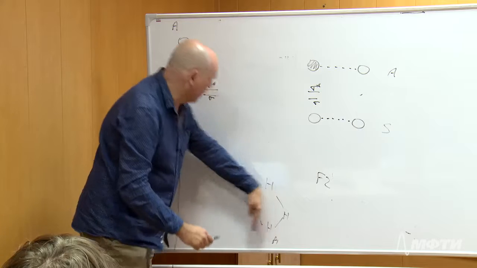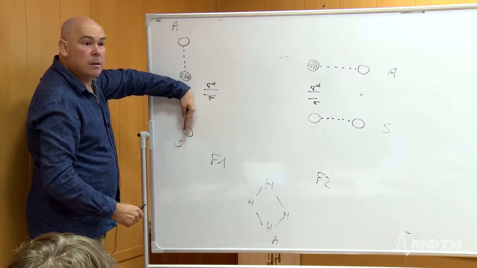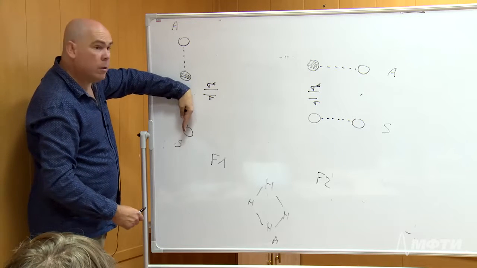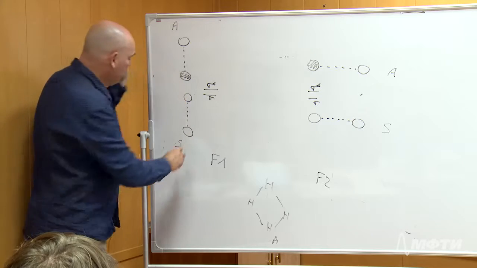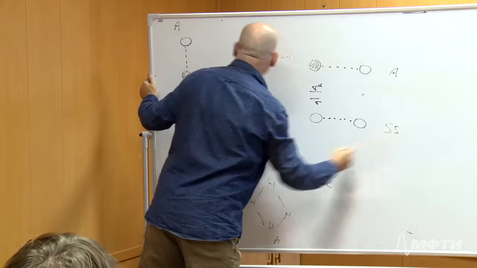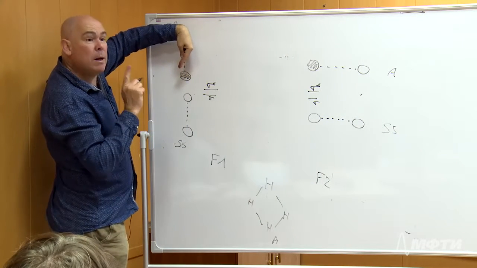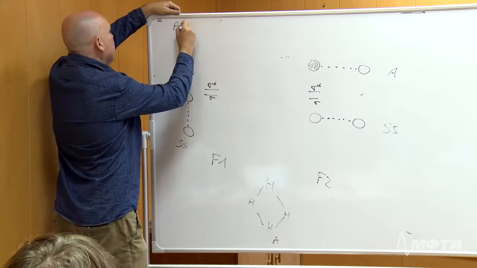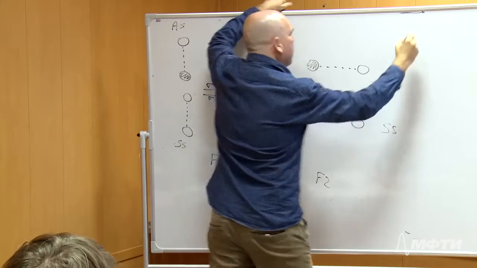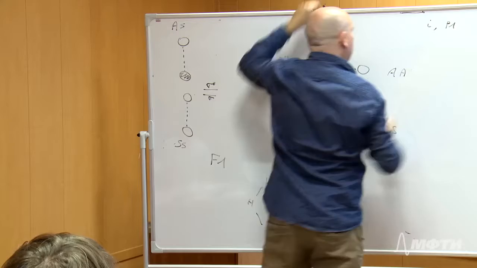Looking at P1, this orbital will be symmetric, this one symmetric, and this one antisymmetric. You understand what I am doing? So I am doing the inversion center, then P1.